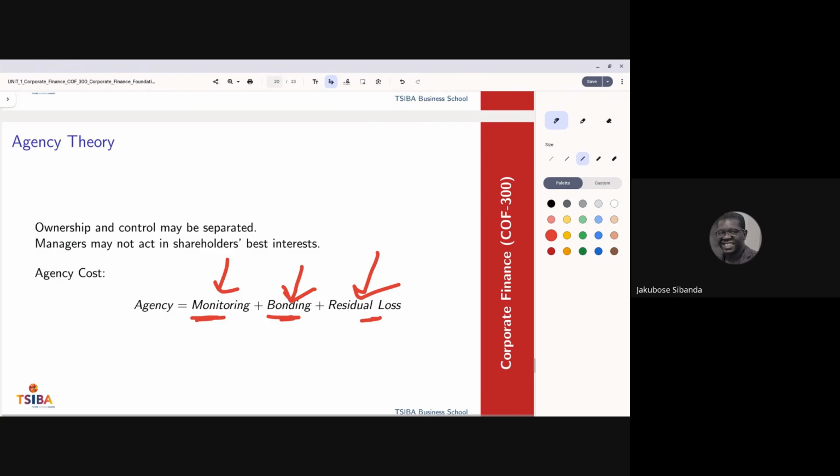Then the last one, the residual loss. The residual loss is the value lost even after monitoring and bonding are in place. How does this arise? It arises because managers' decisions may still not fully maximize shareholders' wealth. In other words, agency problems are reduced but not eliminated.